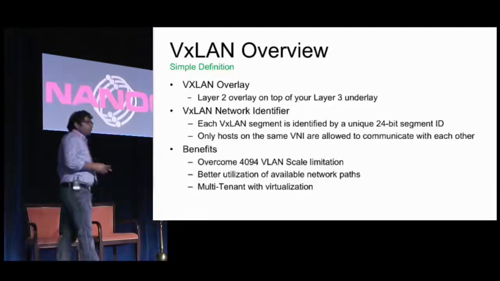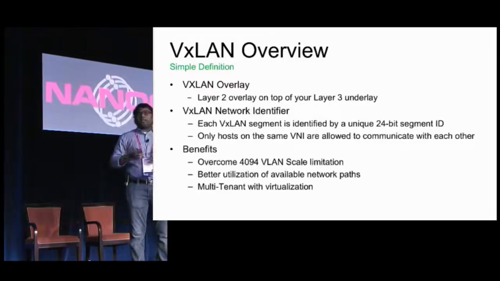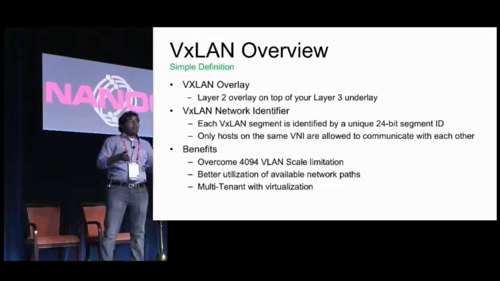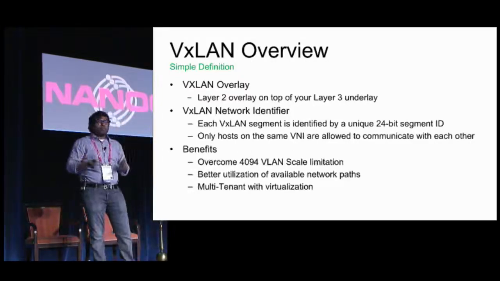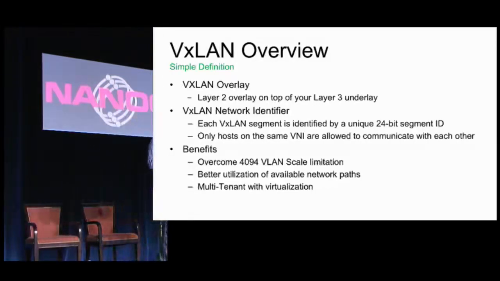The benefit of VxLAN is it has a 24-bit segment ID, which uniquely identifies the segment and can help you scale the network. So you don't have the limitation of 4094 VLANs that you had with regular VLANs and spanning tree protocols. At the same time, you also get the benefit of ECMP paths with underlay IP routing.